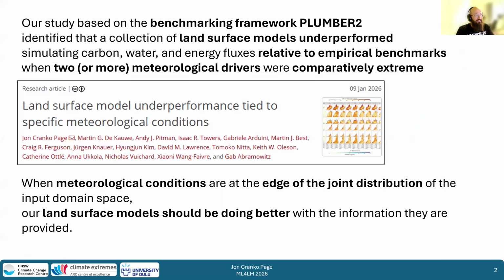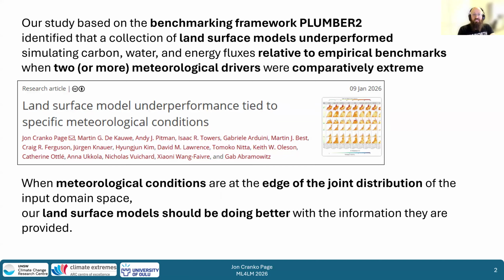So today, the takeaway is going to be that our study, the paper that was published earlier this year in January, which used the PLUMBER2 benchmarking framework, which I'll talk about in a bit more detail later, was able to basically identify across a wide suite of land surface models that where they underperformed was pretty consistent.